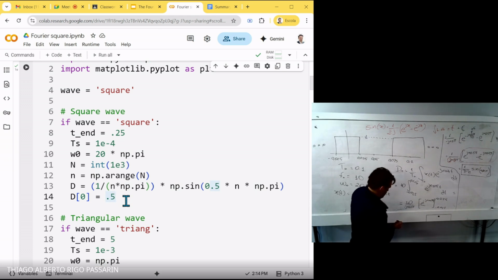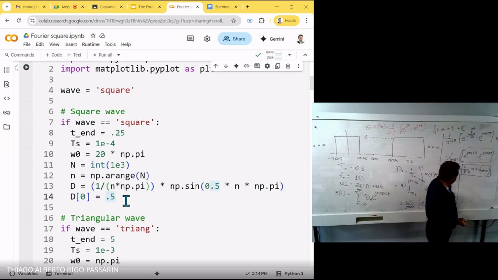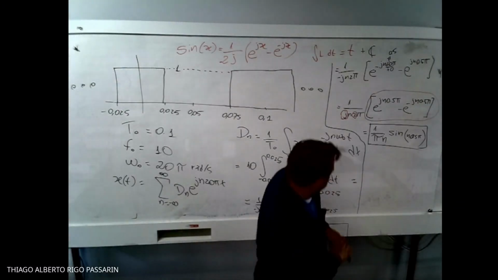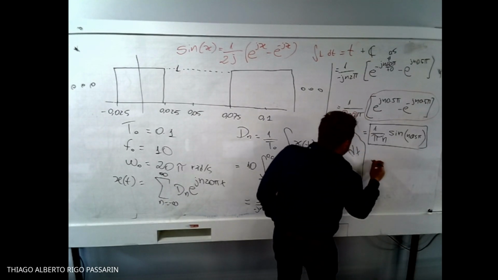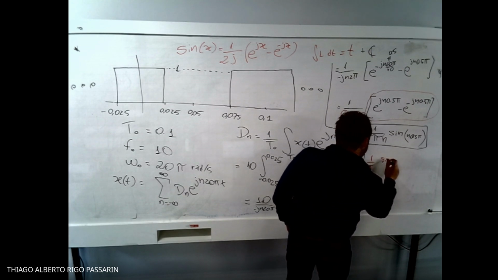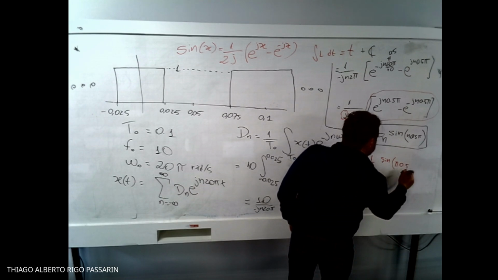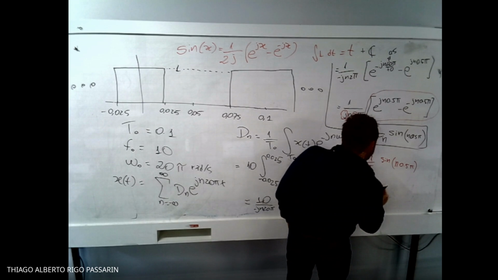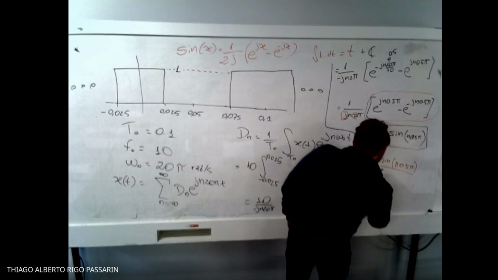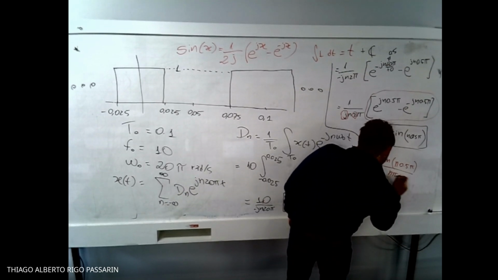For n equal to 0, we have 1 over pi n, the sine of n 0.5 pi, so this n pi can go here.